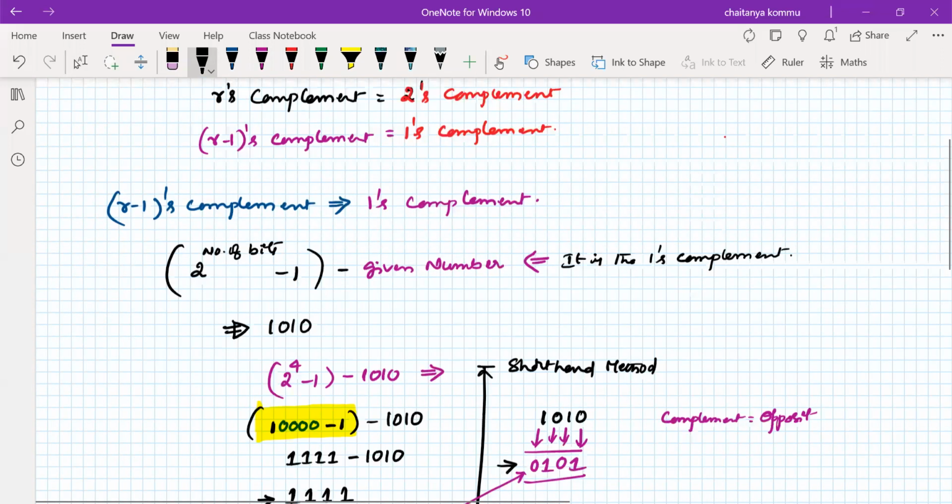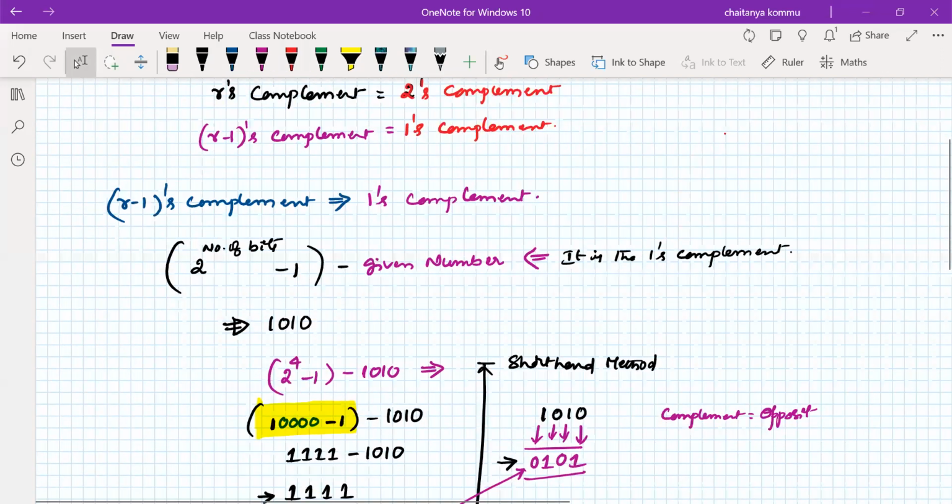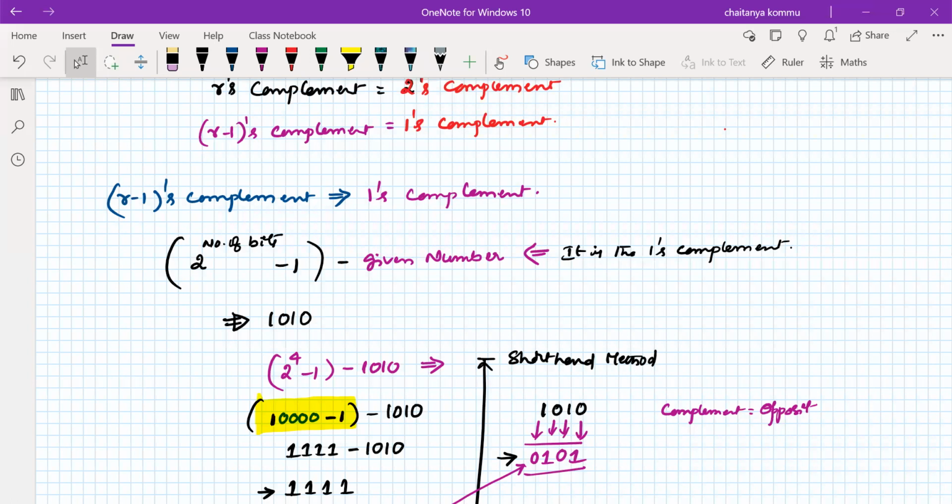So better you write it simply as 2 power n minus 1 minus m. That's what we write. M is a given number.